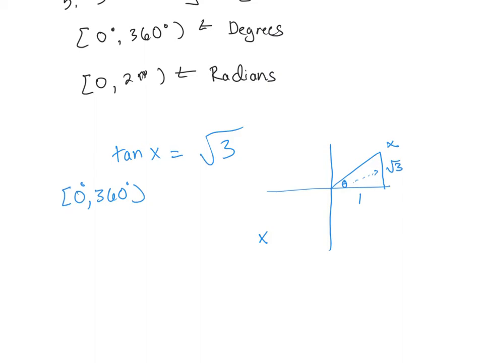Well, one of them is 60 degrees. So one of my answers is 60 degrees. And my other answer is down here. I know this has to be 60, so it has to go all the way past 180, 60 more than 180, which is 240 degrees.